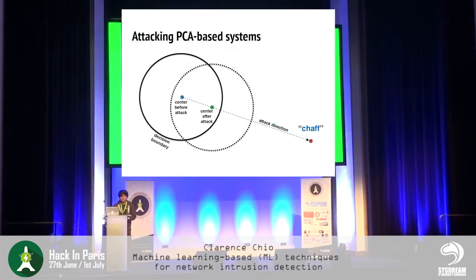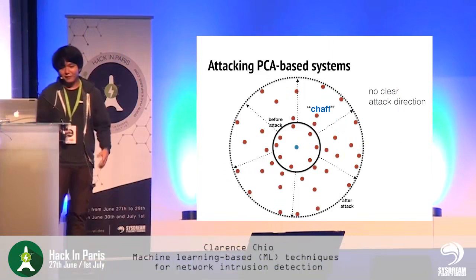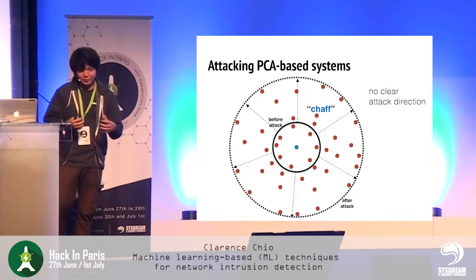And attacking PCA systems is very similar to the idea of chaff. What you would do is basically insert data points into the system, naively assuming that the system accepts all input data points and uses them to adapt the model. And when you inject chaff, you can move the decision boundary in the direction of your attack. Let's say an attacker has injected enough chaff to expand the decision boundary.